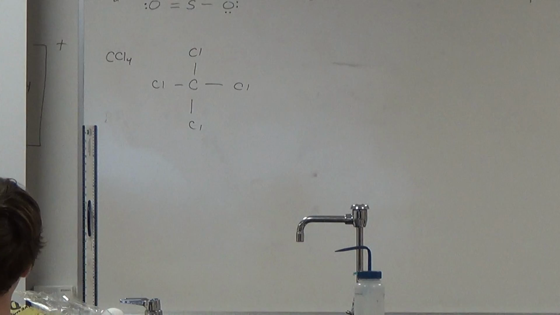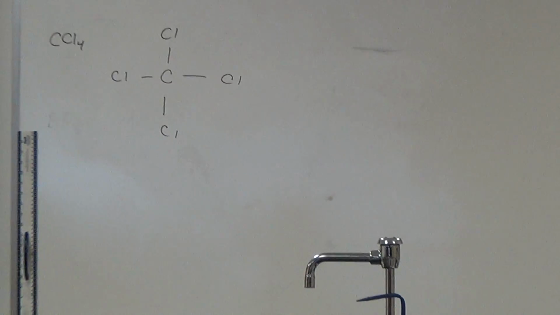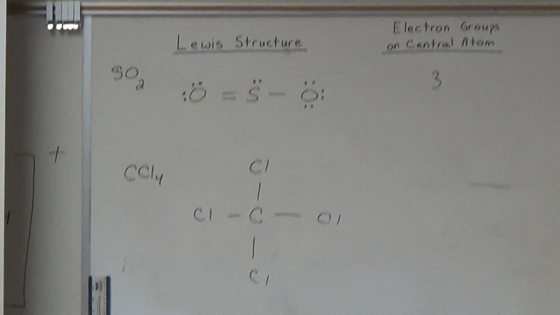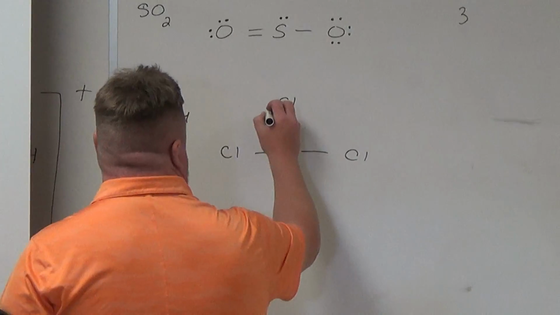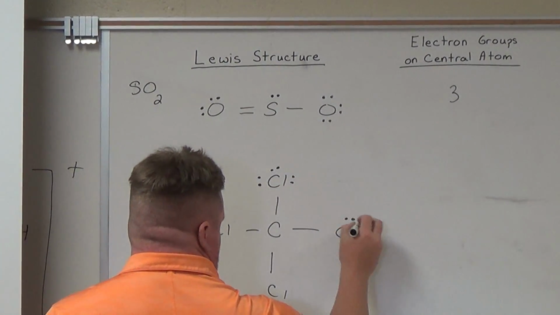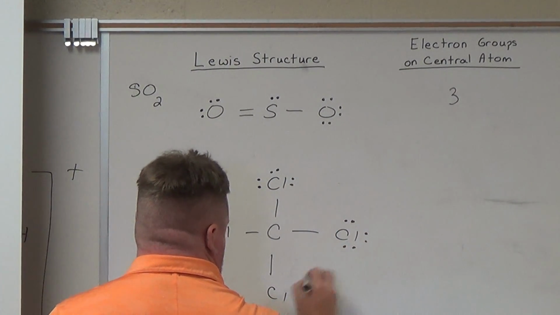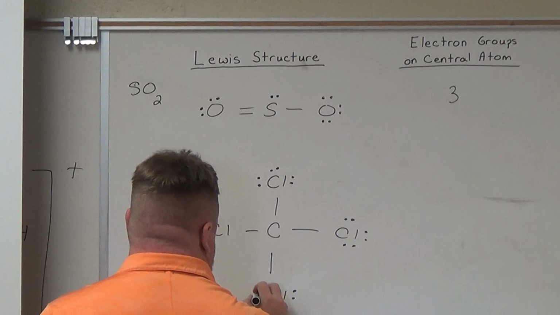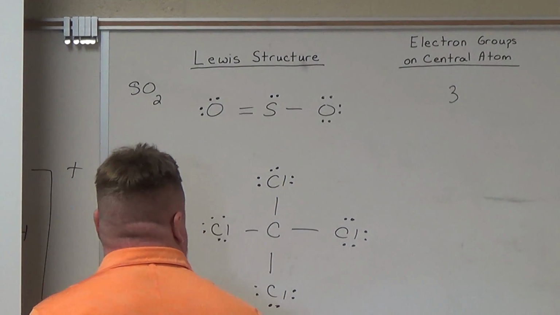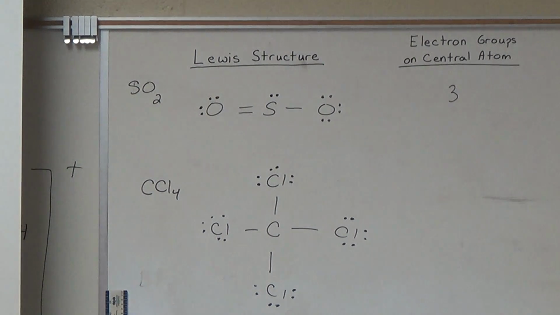How many do I use for my bonds? 4. So how many pairs do we have left? 12. Where do they go? On the chlorines to fill their octets. How many pairs will that take to fill the octets of the chlorines? It will take 12. Do I have any electrons left? Nope. No electrons left.